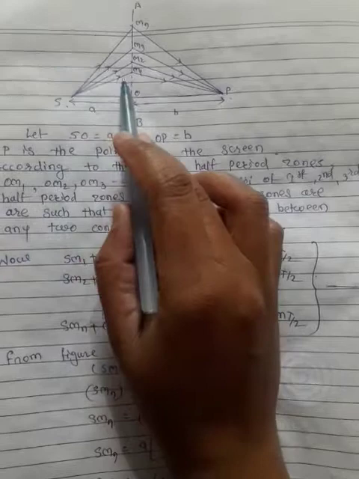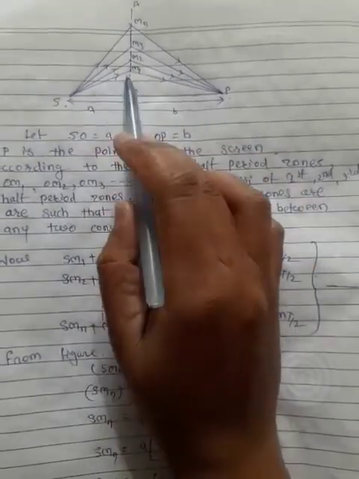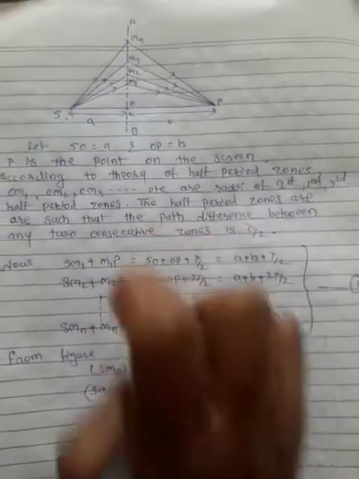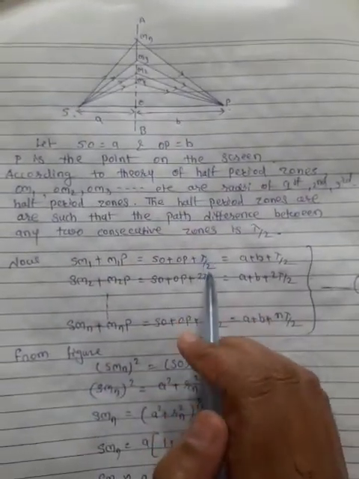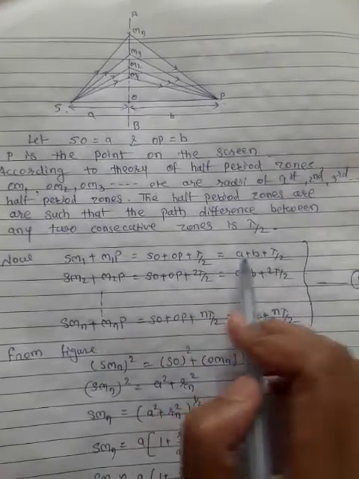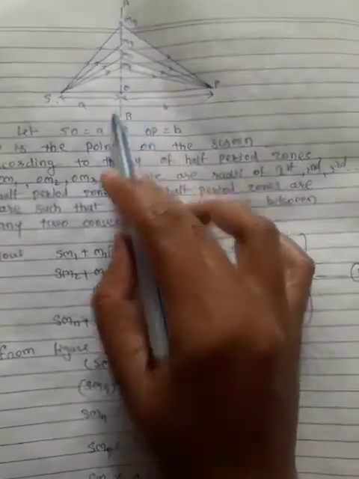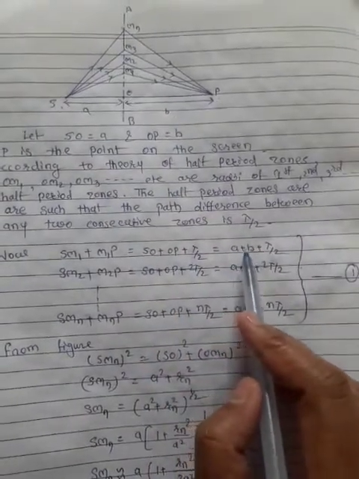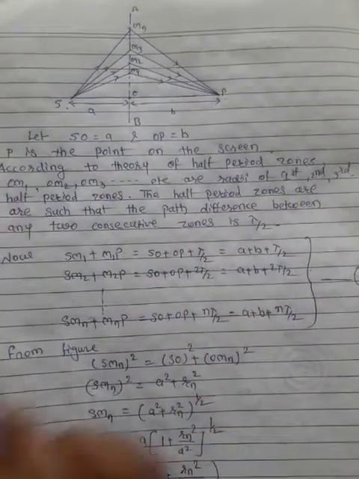Therefore, the path difference between these two waves is lambda by 2, so we add lambda by 2 here. SO is a and OP is b. Therefore, we substitute this value: a plus b plus lambda by 2.